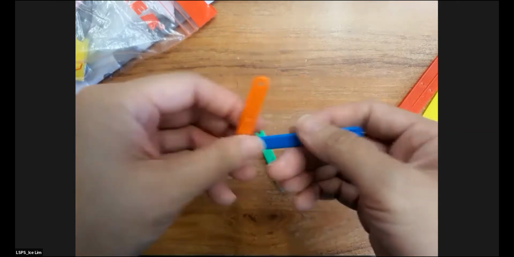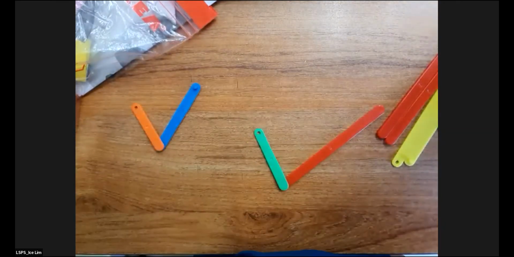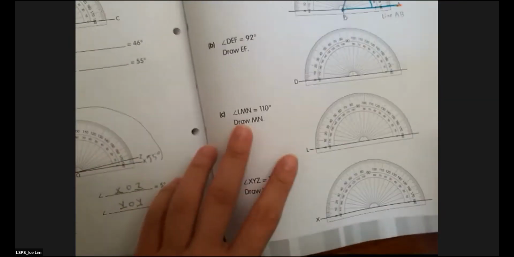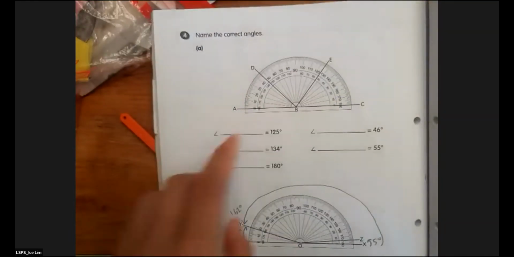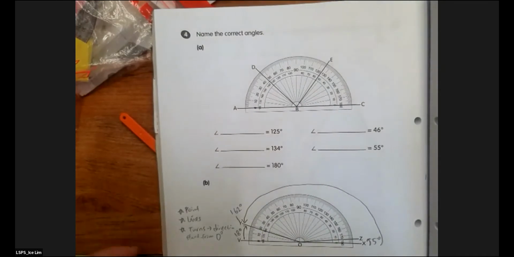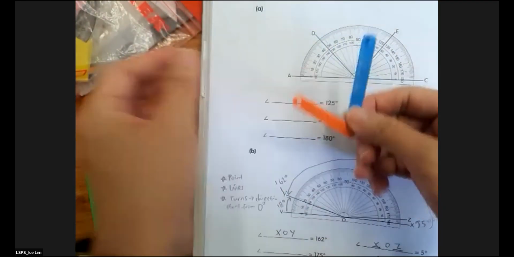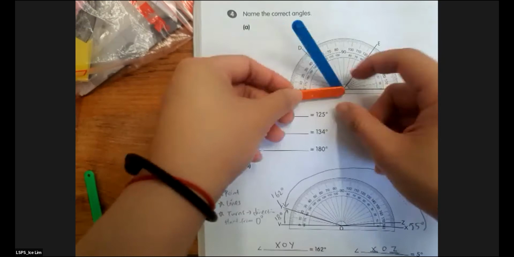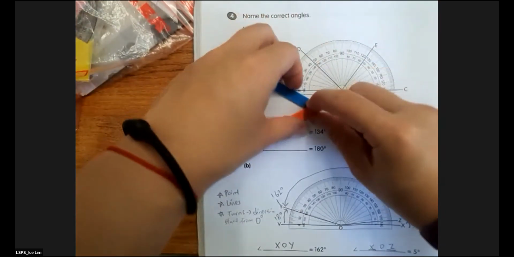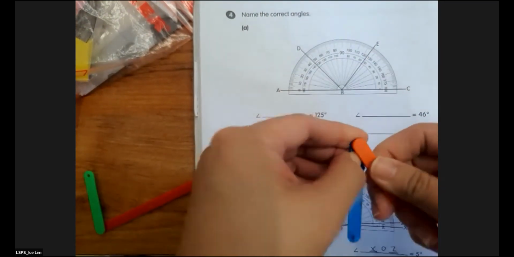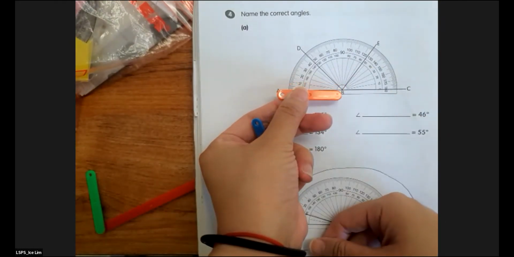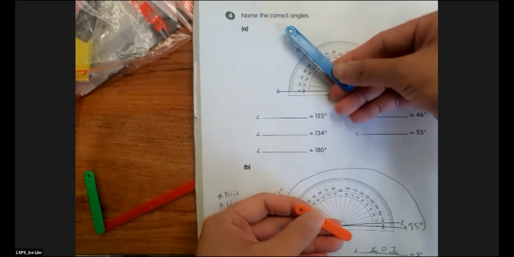So let's say the question will be like that. Yesterday we were dealing with this one here, where I have the protractor given. What I can do is play with my strips here. Let's say A, B and B, D. So this is AB, and this is BD.